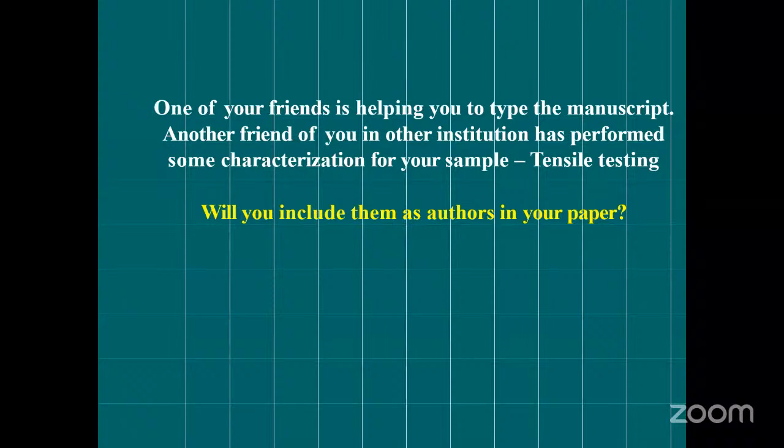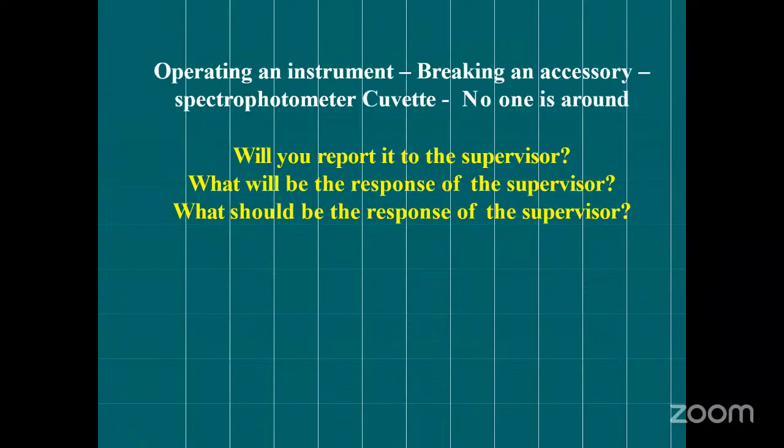If it is only helping, you cannot give authorship. Someone who drops you at the other institution for your characterization, you cannot give authorship. But who assisted, who contributed to your research, you can give authorship.